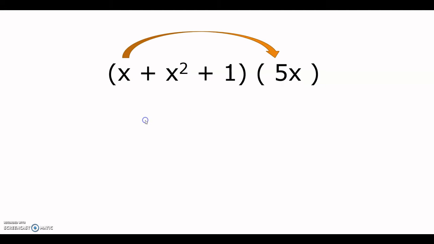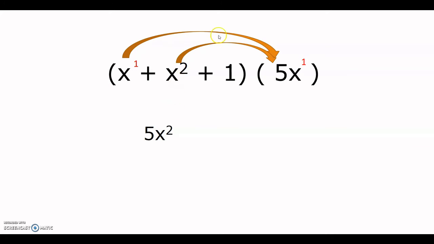So x times 5x is equal to 5x squared, because the exponent of x here is understood to be 1, and also here in 5x. So 1 plus 1 is 2. So we have 5x squared. And the sign, since this is positive, is positive.